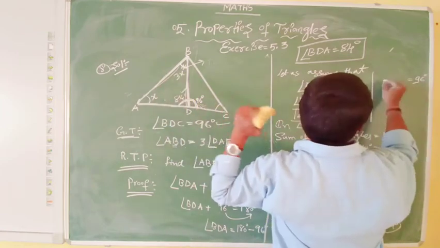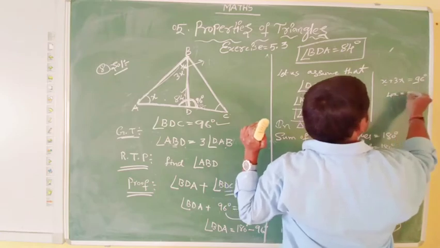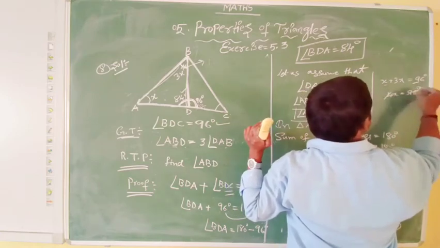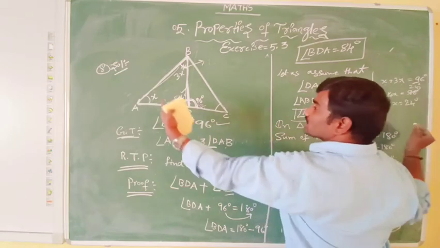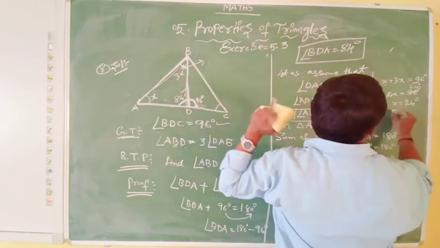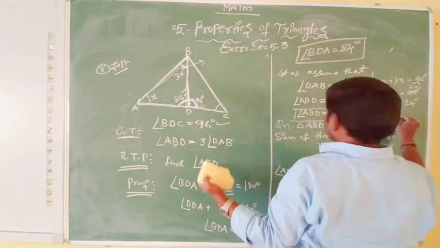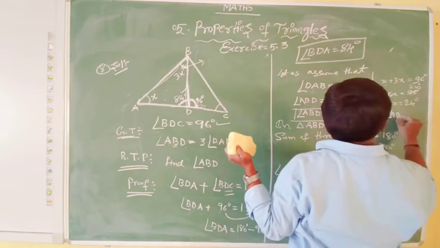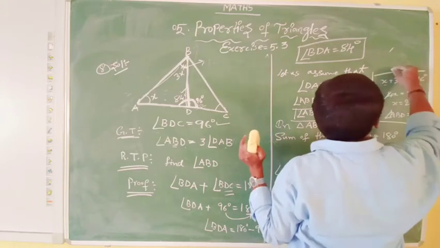Sum of these two angles. X plus 3x, both you add, you get 4x, that equal to 96 degrees. Here you get x equal to 24 degrees. If x equal to 24, the other will be 72 degrees. So angle ABD equal to 72 degrees.